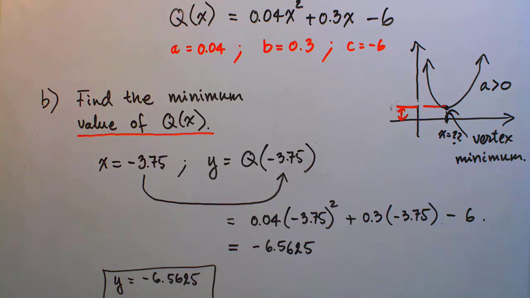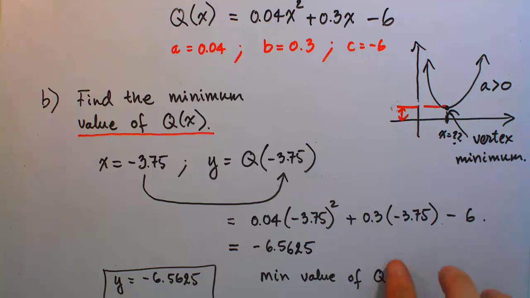But in this context, we're saying that the minimum value of q of x is negative 6.5625.